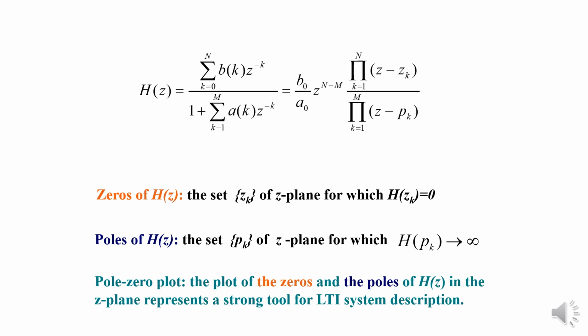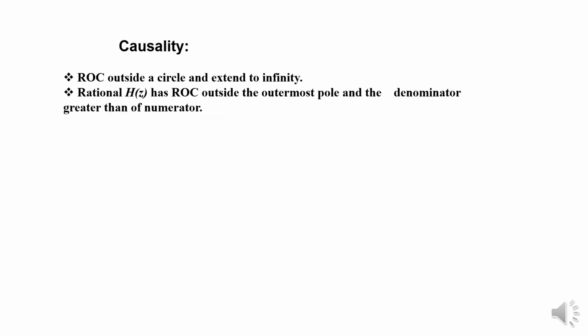You know how to find zeros and poles, so you should be able to draw them. One thing you can tell from the pole zero plot of H(z) is the region of convergence: outside the circle and extending to infinity. A rational H(z) has ROC outside the outermost pole, and the denominator degree is greater than that of the numerator.